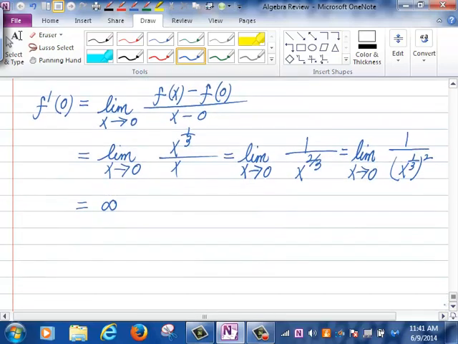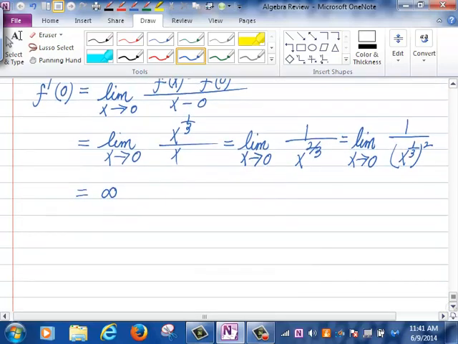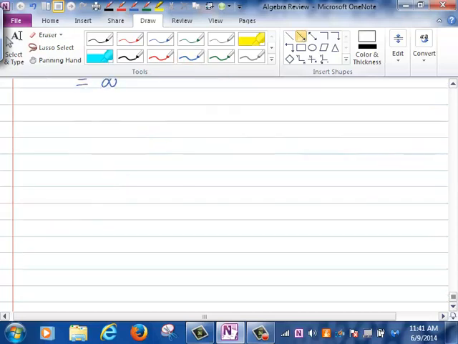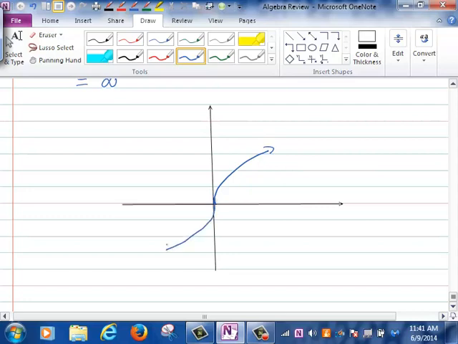Okay, so now let's see how the graph looks. The graph of this function looks like this. So right at the point 0, you have a vertical tangent.